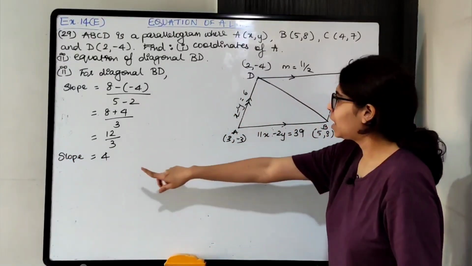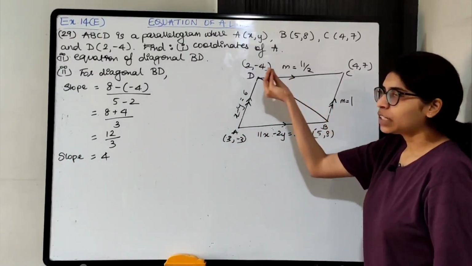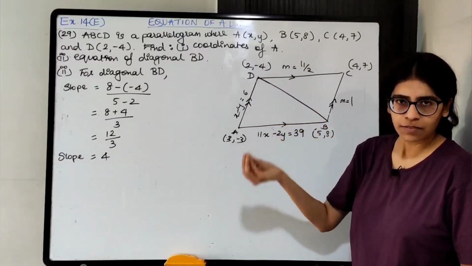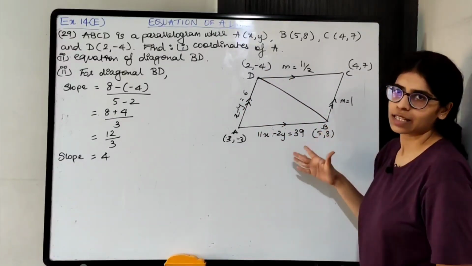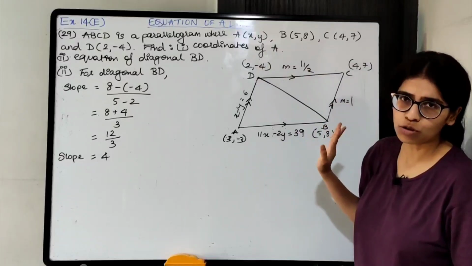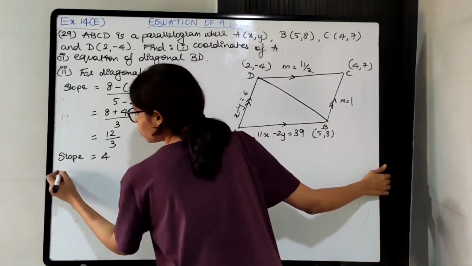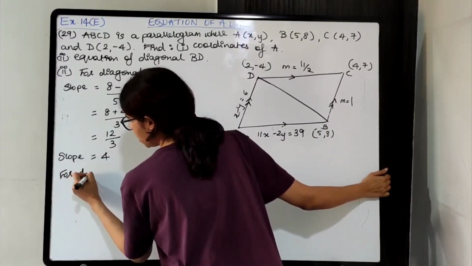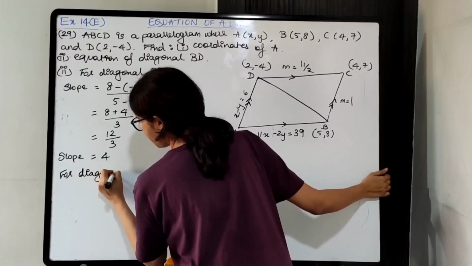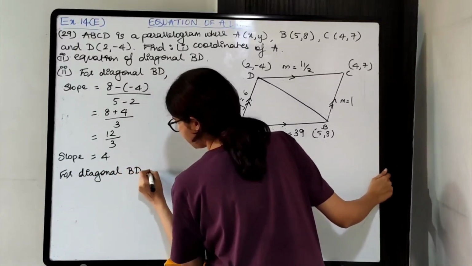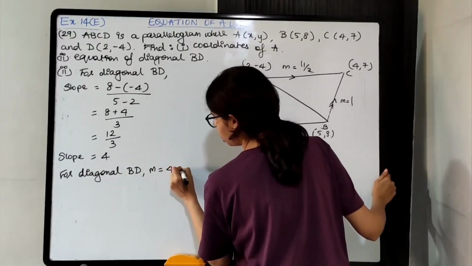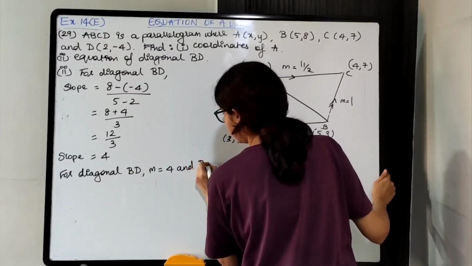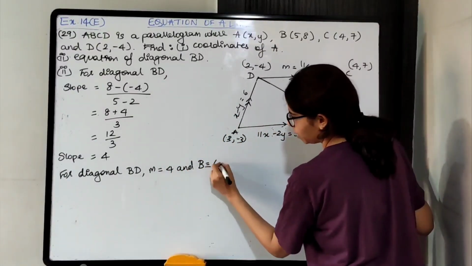Okay, we have slope. Consider any one point का coordinates as x1, y1. So I'll take B का coordinates as x1, y1. You can take D also. Okay, so write down for diagonal BD. We have m as 4 and B I am taking as x1, y1.